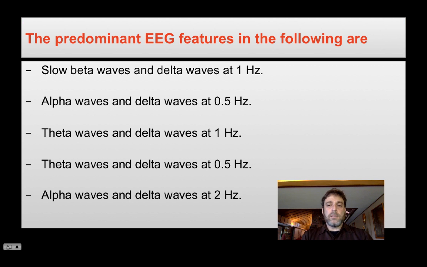So please look at these options, and I'm going to show you the EEG for this patient, and consider which of these apply to this particular patient, both in relation to the slow waves and to the spindles.